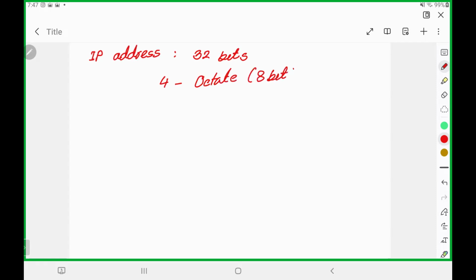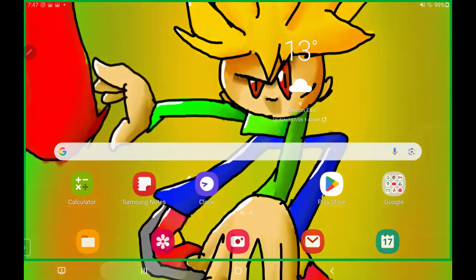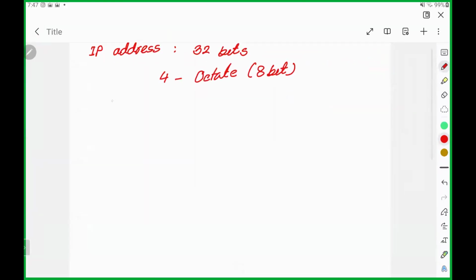It's all about the 8-bit number, because our IP address is 32 bits long, and we divide these 32 bits into 4 octets, that means four 8-bit groups.